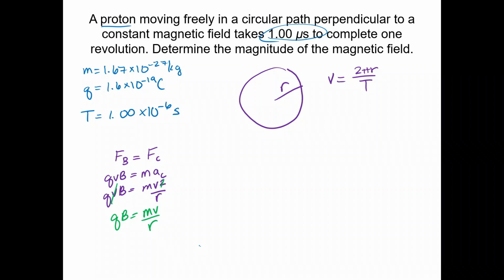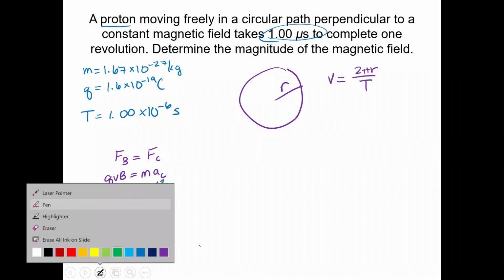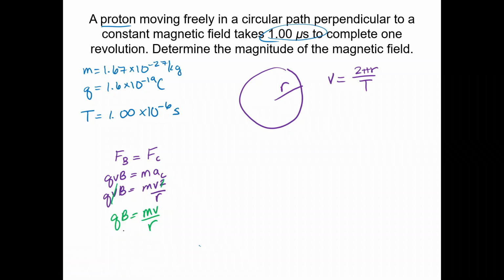We are looking for the magnitude of the magnetic field, so I divide by Q on both sides. That gives me B is equal to mv over qr.